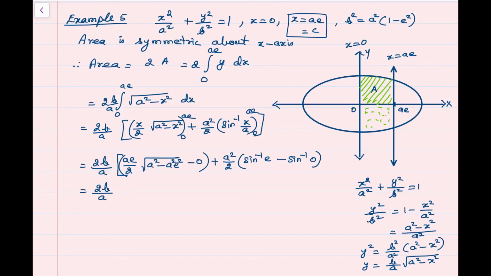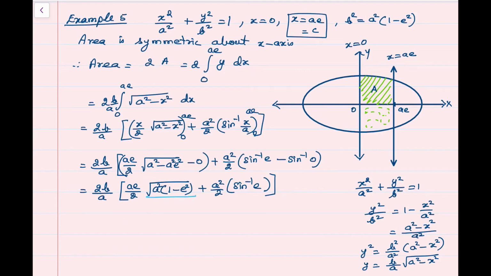Two b by a, ae by 2 root of a square is common. We get a square times 1 minus e square plus a square by 2 sine inverse of e. Sine inverse of 0 is 0.